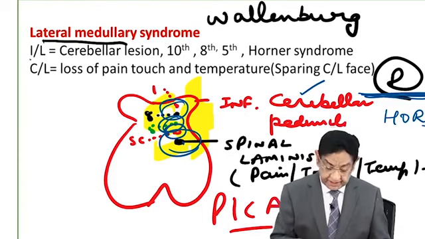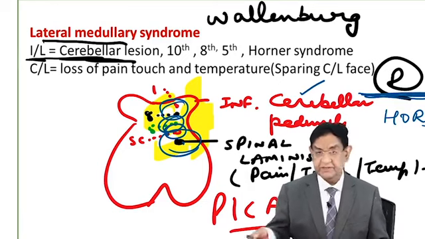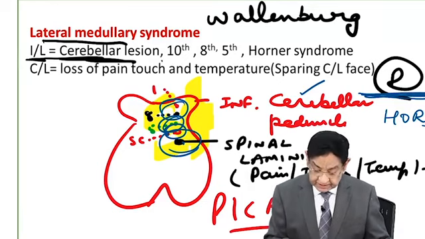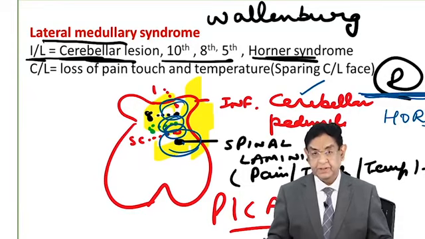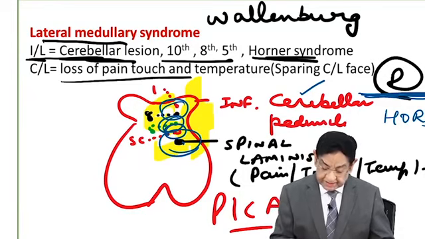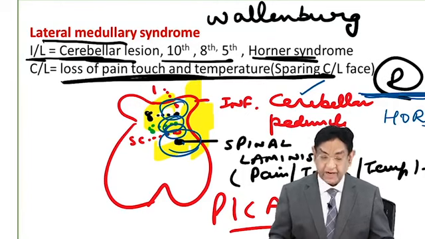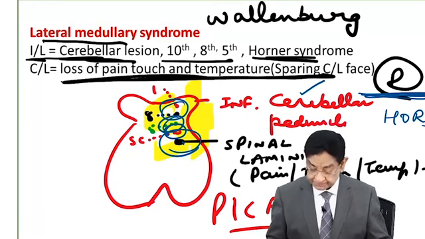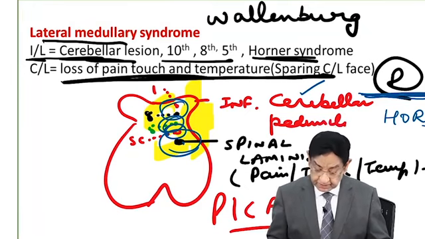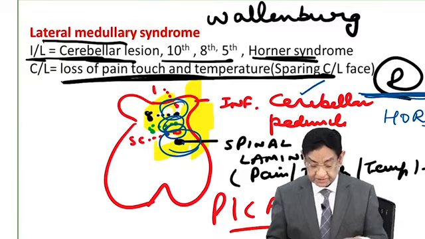So we have an ipsilateral cerebellar lesion, the reason I told you. 10th, 8th, 5th and Horner syndrome. Contralateral loss of pain, touch, temperature. Why? Because contralateral fibers are there. Okay? Understood? This is lateral medullary syndrome.